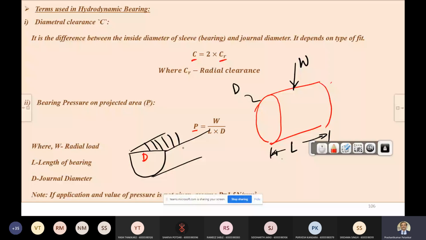For that reason, we calculate the pressure using this relation, W upon L into D. Earlier also we have talked about it. I hope it is clear. Does anyone have any doubt here? Hello? No, sir. Okay.